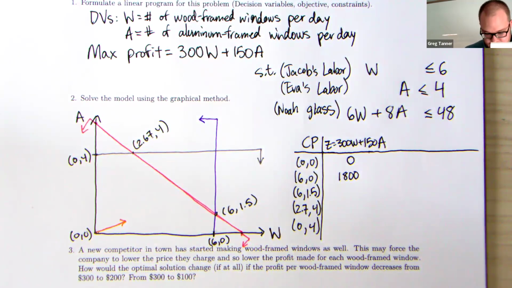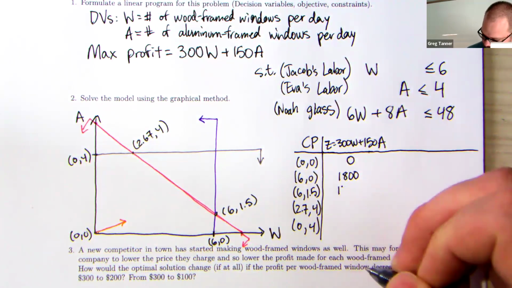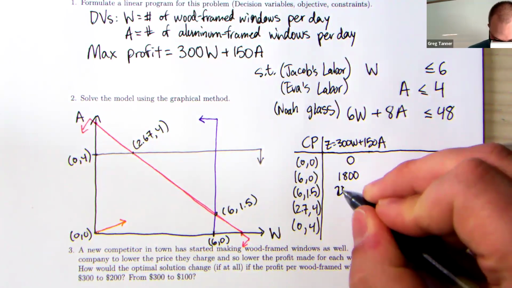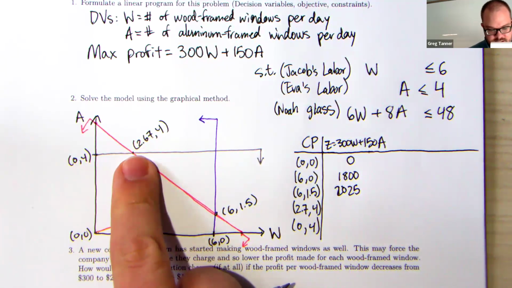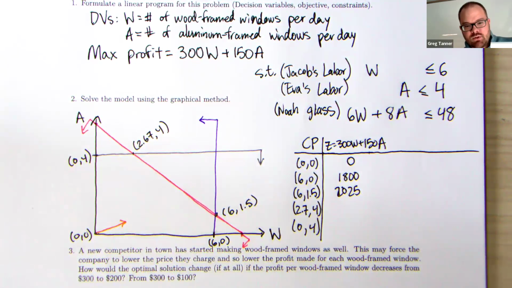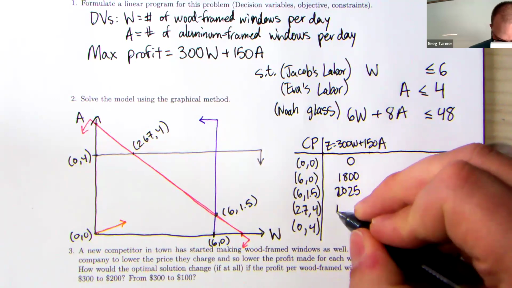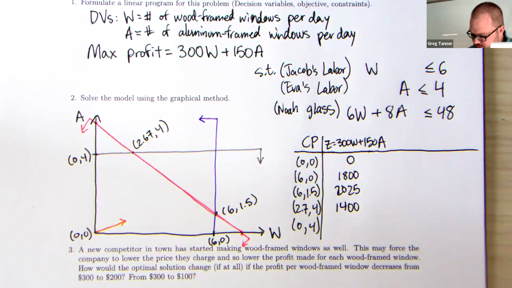But if we look at that 6, 1.5, we get an objective value of 2025. At this corner point, we make 2 2/3 wood windows and 4 aluminum windows. That would be eight wood windows every 3 days. Here we get an objective value of 1,400 if I use the full decimal value there.